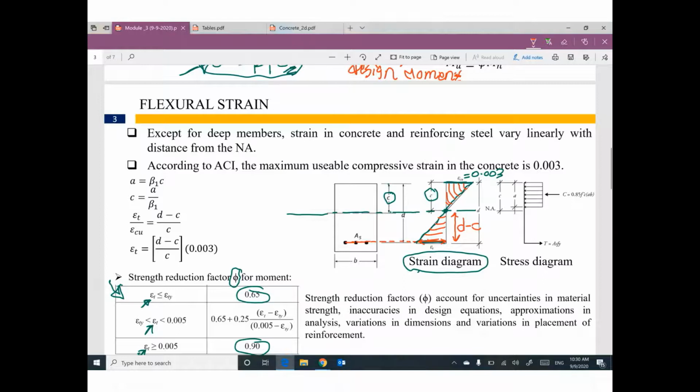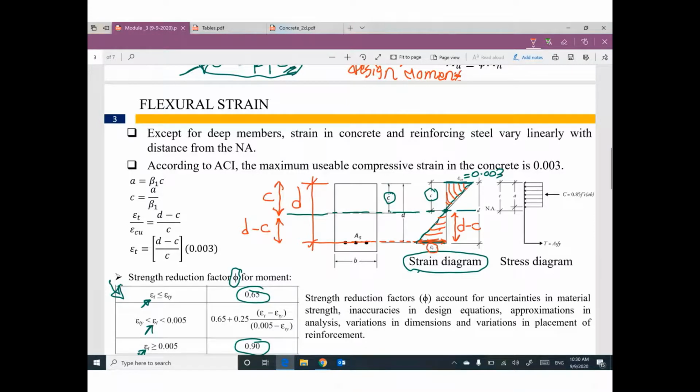D is the distance between steel reinforcement and the top of the cross section. C is the distance from the top to the neutral axis. That means the remaining distance will be D minus C. If you use triangle similarity, I can figure out the value of strain in steel reinforcement.